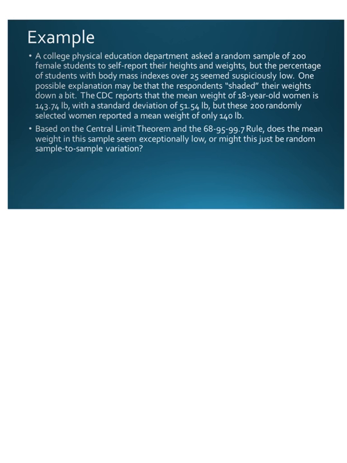The CDC reports that the mean weight of 18-year-old women is 143.74 pounds with a standard deviation of 51.54 pounds. But these 200 randomly selected women reported a mean weight of only 140 pounds. Based on the central limit theorem and the 68, 95, 99.7 rule, does the mean weight in this sample seem exceptionally low, or might this just be random sample-to-sample variation?